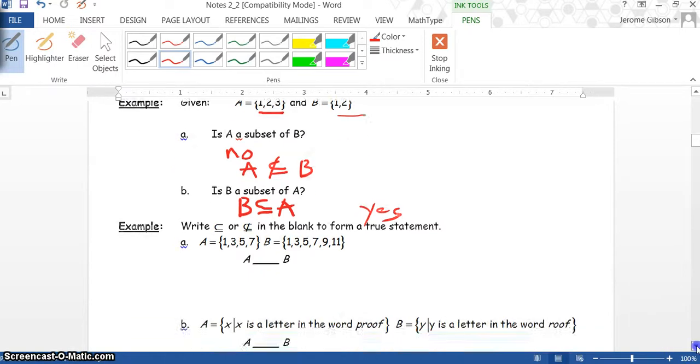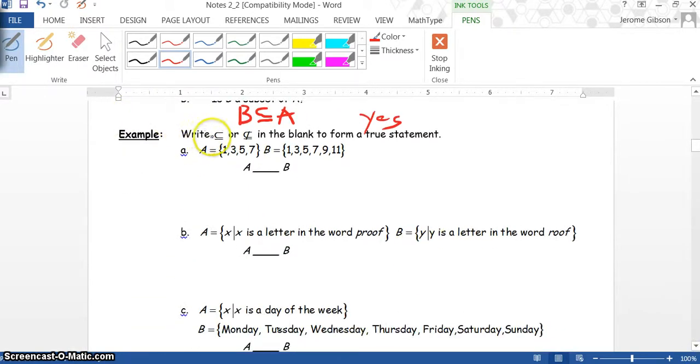Now it says here, example, write subset of or not a subset of in the blank to form a true statement. We have A and we have B. If you notice here, all the elements in A are in B. So A is a subset of B. Now we come here. We have A is the set of letters in the word proof, and B is the set of letters in the word roof.